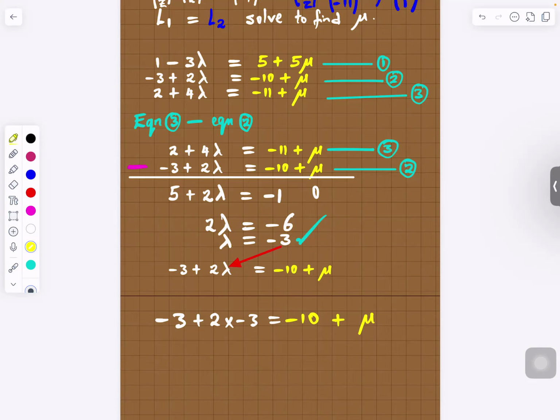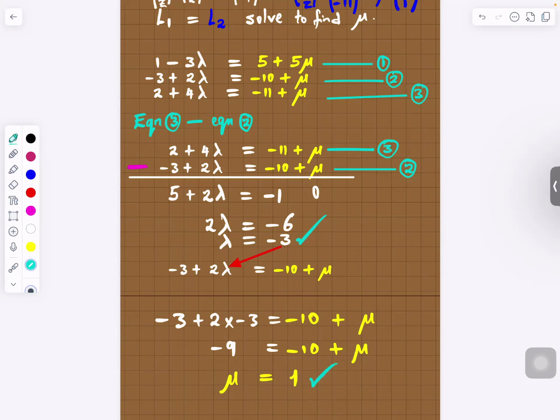I want to solve it for mu. 2 times minus 3 is minus 6. So minus 3 minus 6 is minus 9. It equals minus 10 plus mu. If you add 10 to both sides, that would mean 10 minus 9, so mu is 1. You happy with that? Yeah.